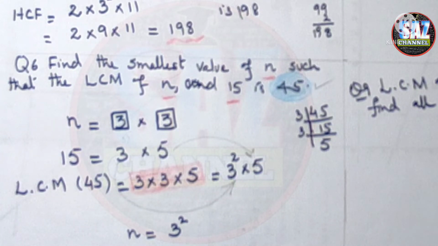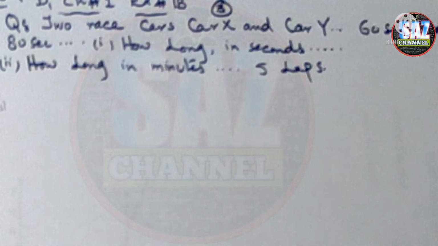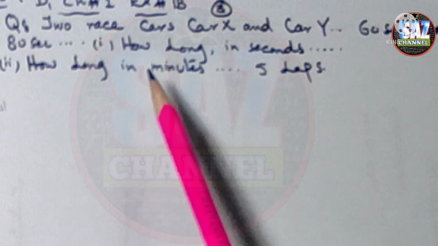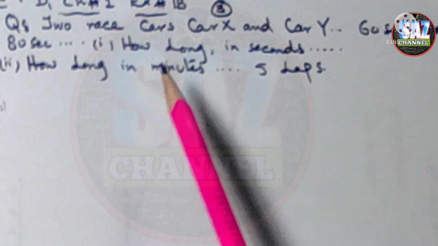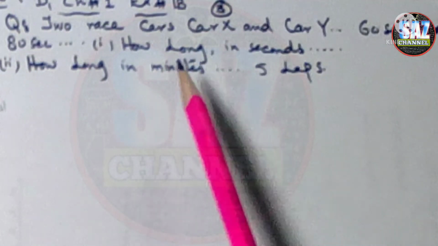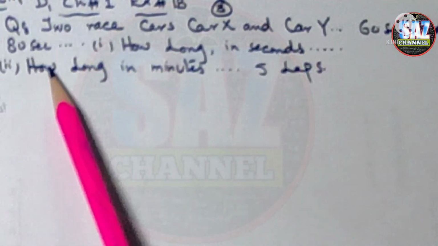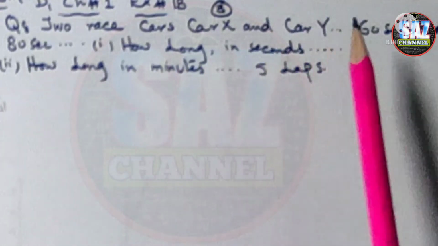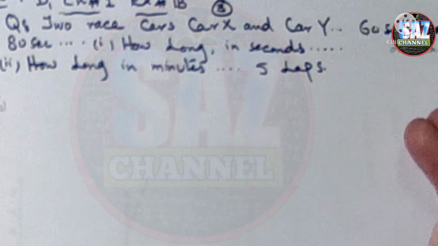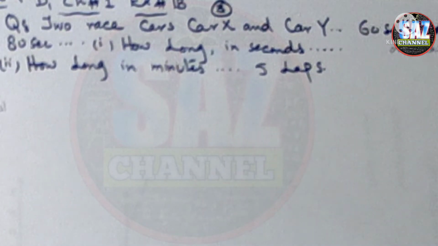The next question says that two cars, car X and car Y, are at the same starting point of a 2 kilometers track at the same time. Car X and car Y make one lap every 60 seconds and every 80 seconds.